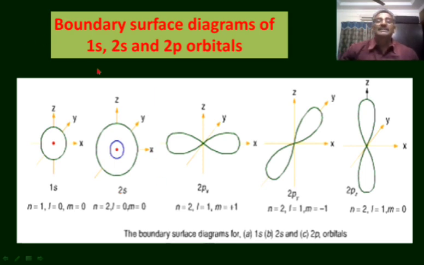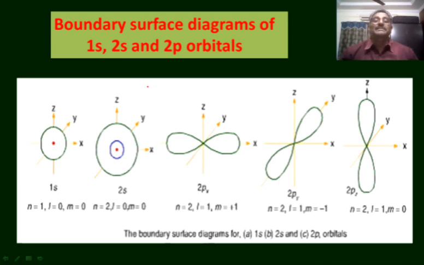You know that the principal quantum number represents the size of the orbital, whereas the azimuthal quantum number represents the shape of the orbital. And it also gives the angular momentum.